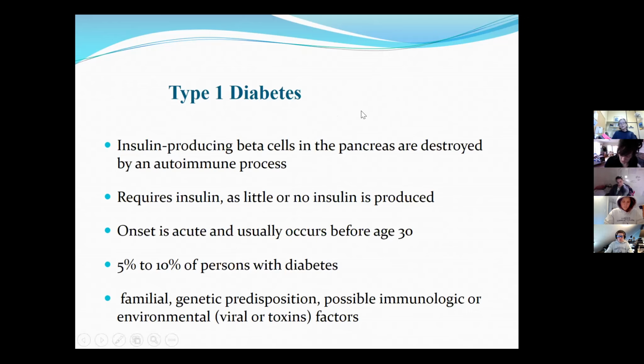The other term that you might hear for type 1 diabetes is insulin-dependent diabetes mellitus, or IDDM. The reason that's a misnomer or confusing at best is that many type 2 diabetics also require insulin for their management.